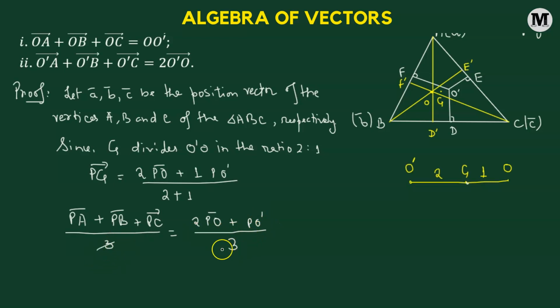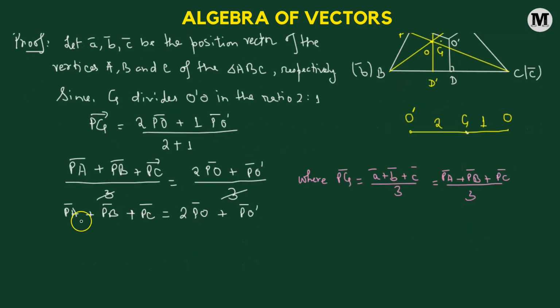So we can factor out the 3 from both sides, and that's going to give us PA vector plus PB vector plus PC vector equal to 2 times PO vector plus PO prime vector. So here we have PO prime, that's a vector. Now that we have the relationship PA vector plus PB vector plus PC vector equal to 2 times PO vector plus PO prime vector.